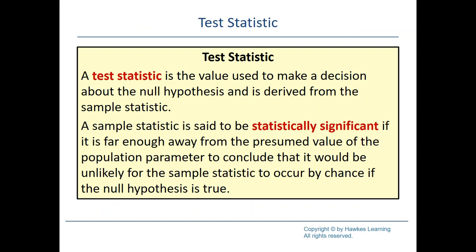Now, a sample statistic is said to be statistically significant if it is far enough away from the presumed value of the population parameter. And again, we conclude that it's unlikely that the sample statistic happened to occur by chance if that null hypothesis is true.